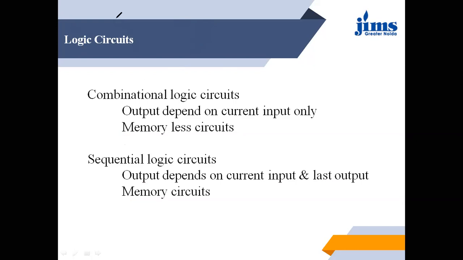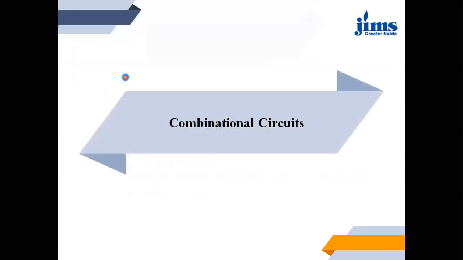We have to study different types of logic circuits, some of which come under combinational logic circuits and some under sequential logic circuits. So today we will discuss combinational logic circuits.